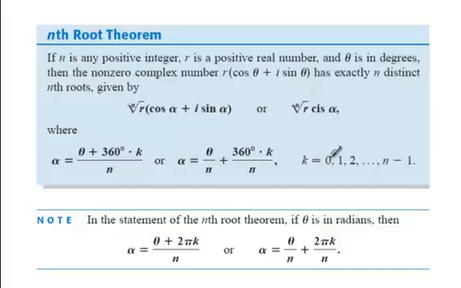So for k equals 0, 1, 2, etc., however many that we need, this is our method for coming up with those angle measures. So if we're looking for the two distinct square roots, we're going to use k values of 0 and 1. If we're looking for the three distinct cube roots, we'll let k be 0, 1, and 2, three of them. Let's go over an example.